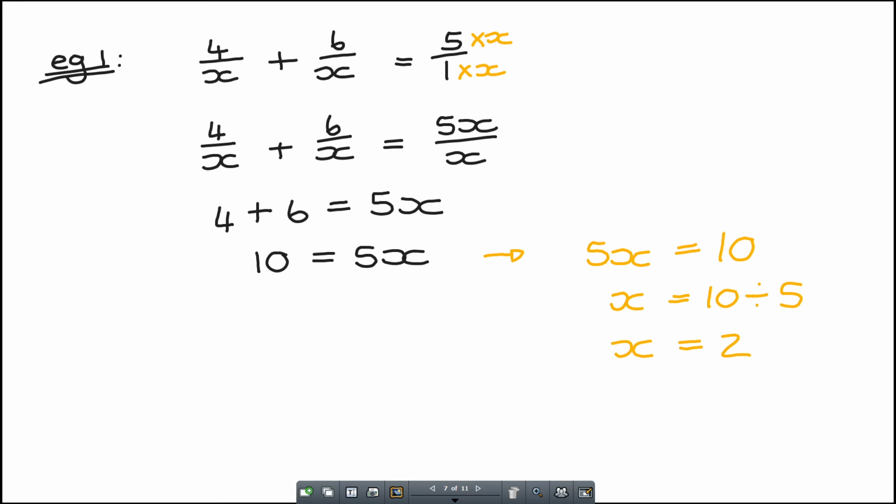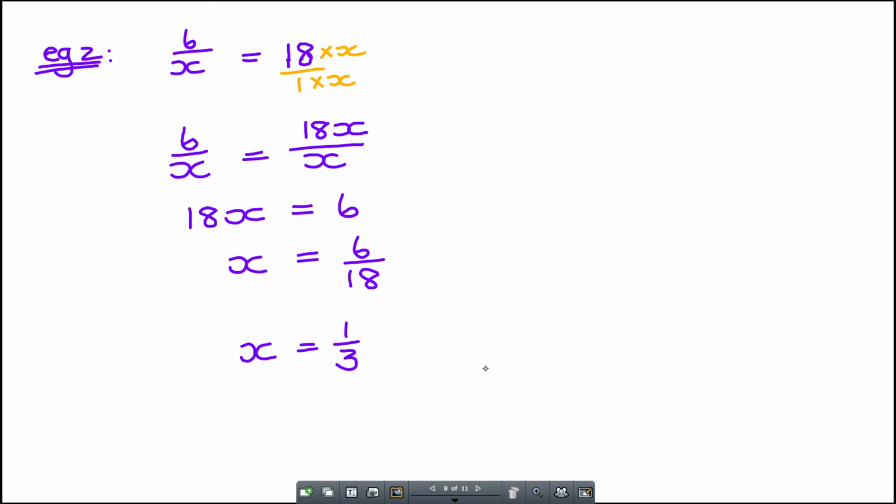I have got to get rid of this coefficient. And how do I get rid of it? I divide by the coefficient itself. So then can you see 10 divided by 5? Okay, let's go to that example. Over here, our coefficient was 18. So I've got to get rid of that. So I divide by the 18.